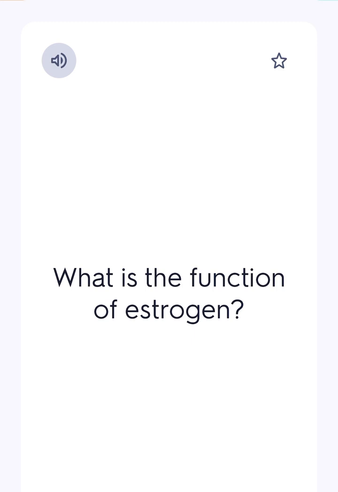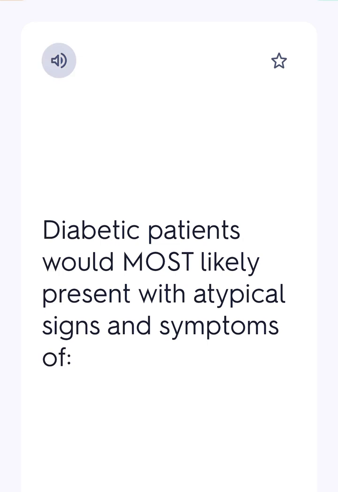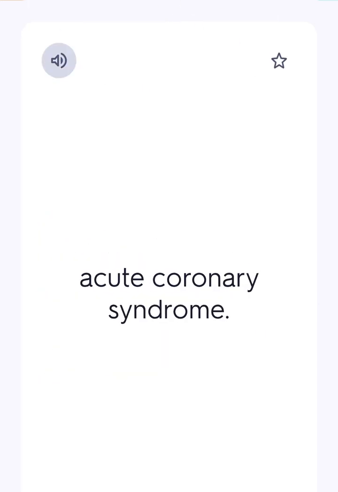What is the function of estrogen? It signals the anterior pituitary gland to secrete luteinizing hormone. Diabetic patients would most likely present with atypical signs and symptoms of acute coronary syndrome.